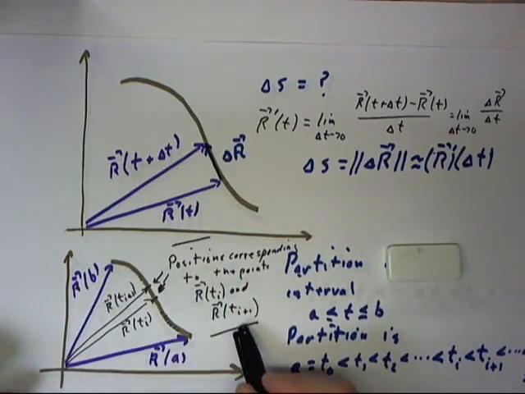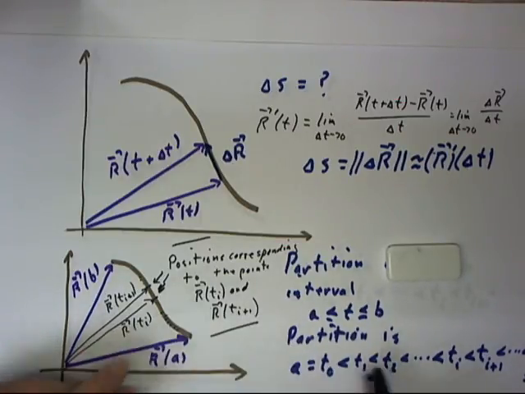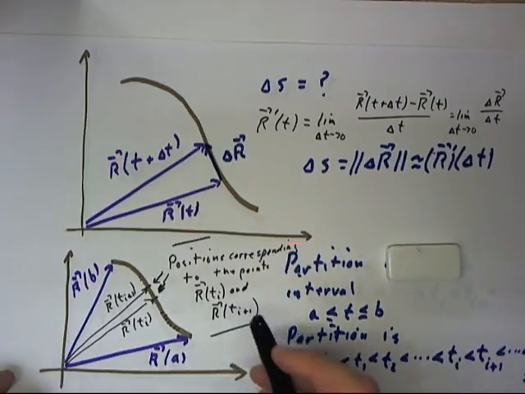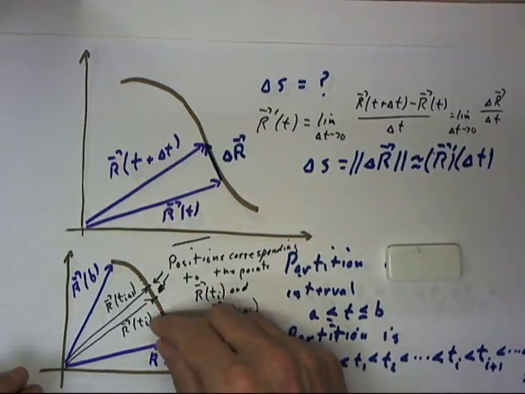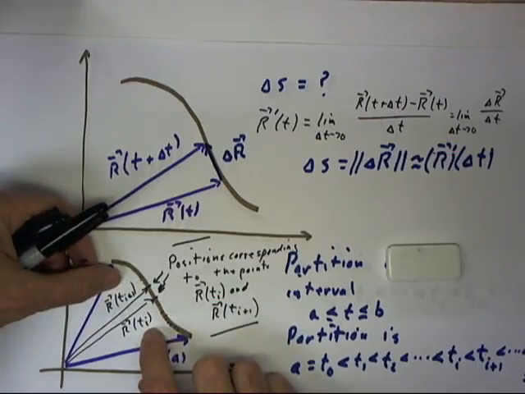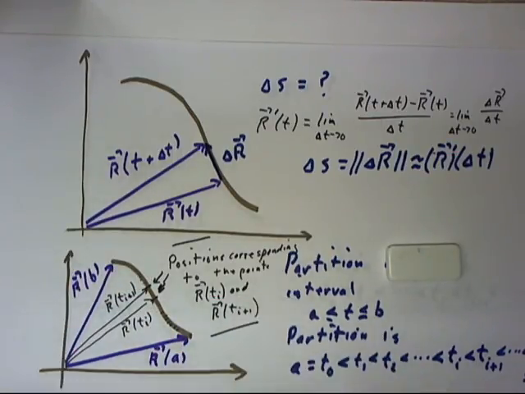Since I is arbitrary, it could be any of these intervals, so we're going to have a general expression for how far the particle would move on a typical interval. We'll analyze that in a minute.